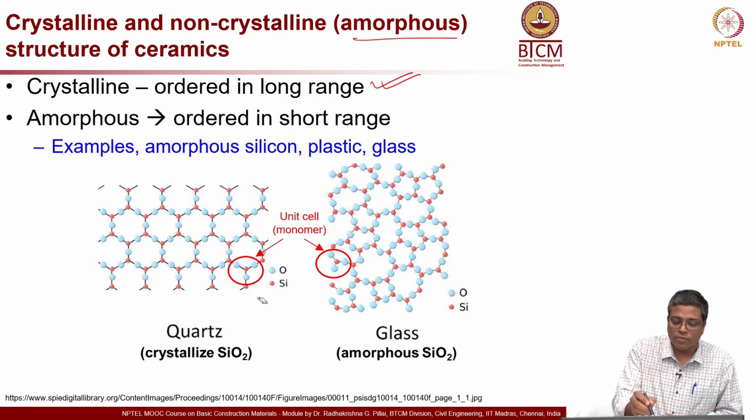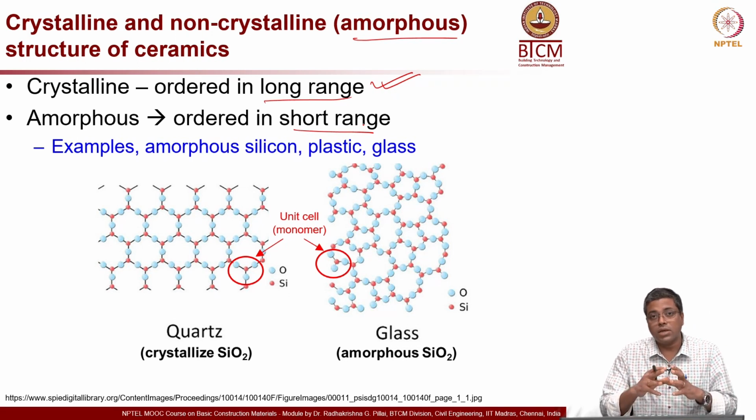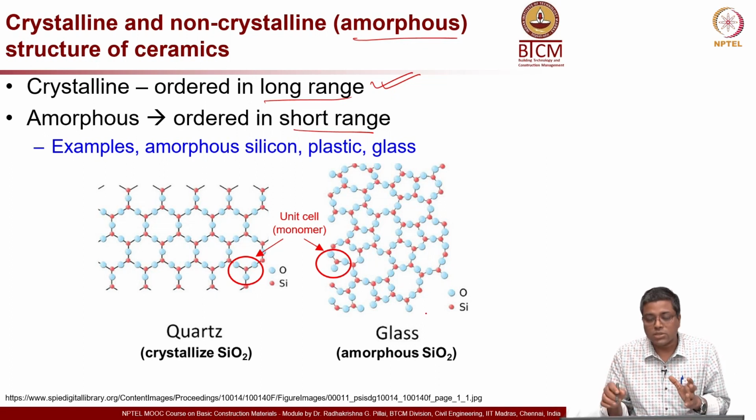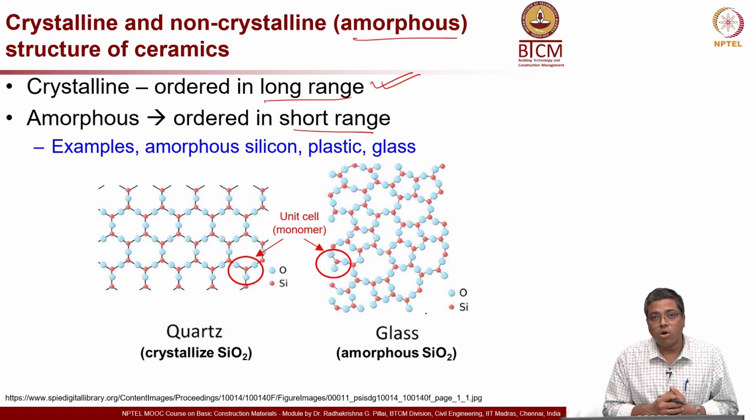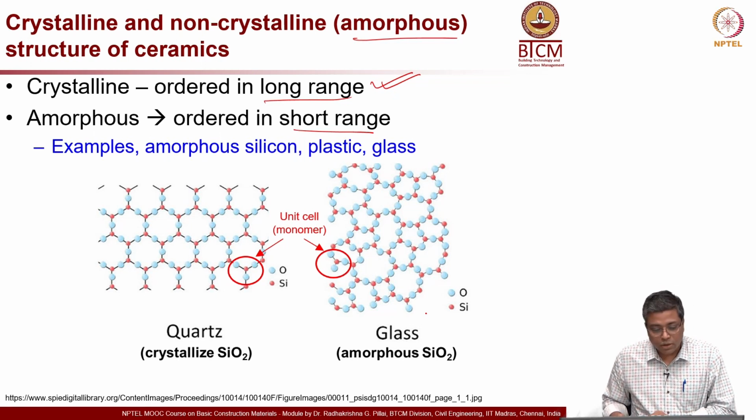So, that is what we mean by long range and short range, or you can say large volume and small volume. Here in the second case it is not well structured, and so we can call it either non-crystalline or amorphous in nature, and you will hear this term in many classes in future. So, it is important to understand what this means.